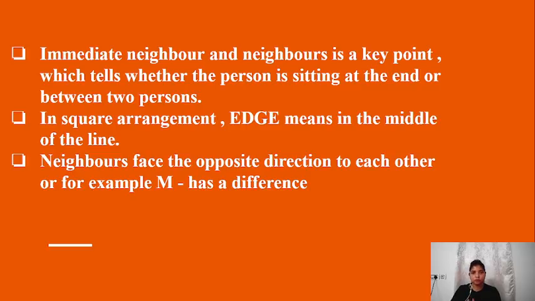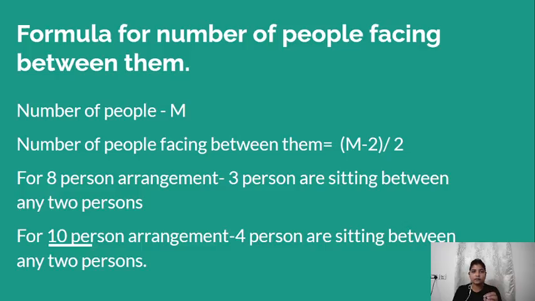So I hope you are getting my point. The neighbors keyword is very important, edge is the middle, and neighbors facing opposite directions means the neighbors are related to each other, not to the middle person, right? I hope these are some basic things you need to know.